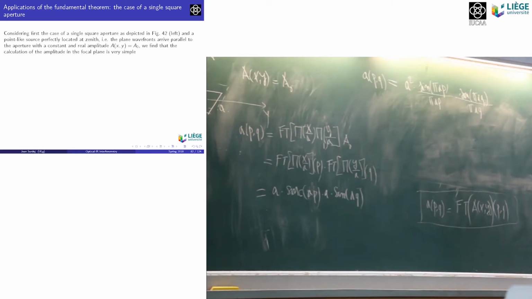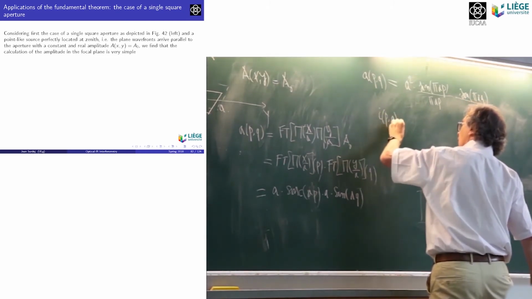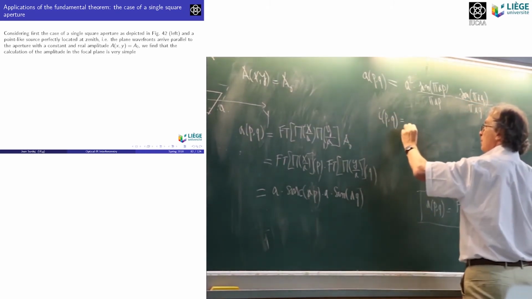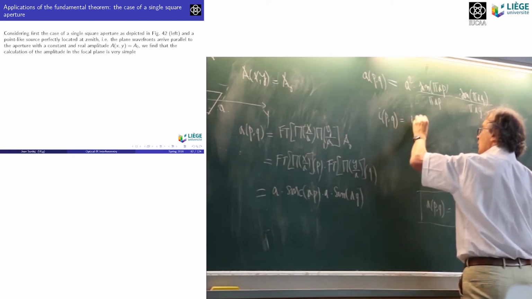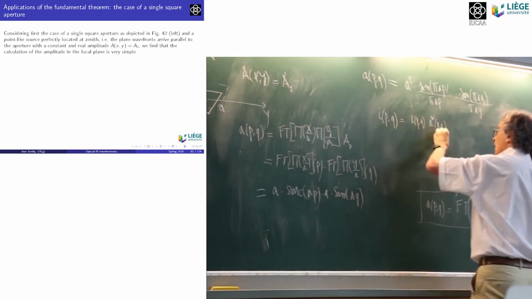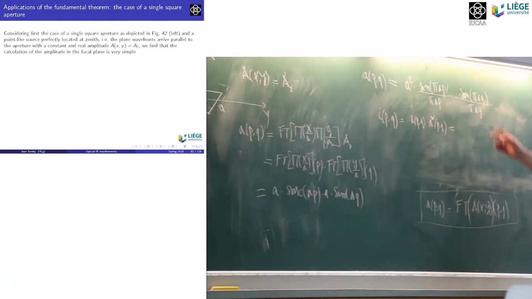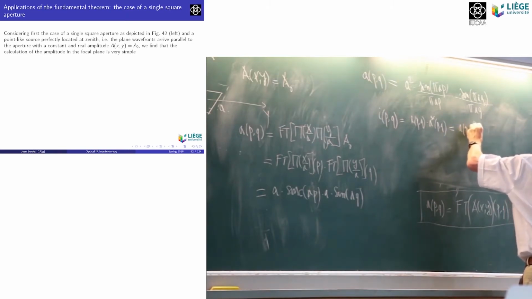Now we know that when we are making observations, what we are measuring is not the amplitude, but we are measuring the intensity distribution in the focal plane. So the intensity distribution in the focal plane, you remember, is equal to, in fact, the amplitude times its complex conjugate. But in this case, everything is real, so easy, it's equal to a(PQ) to the power 2.